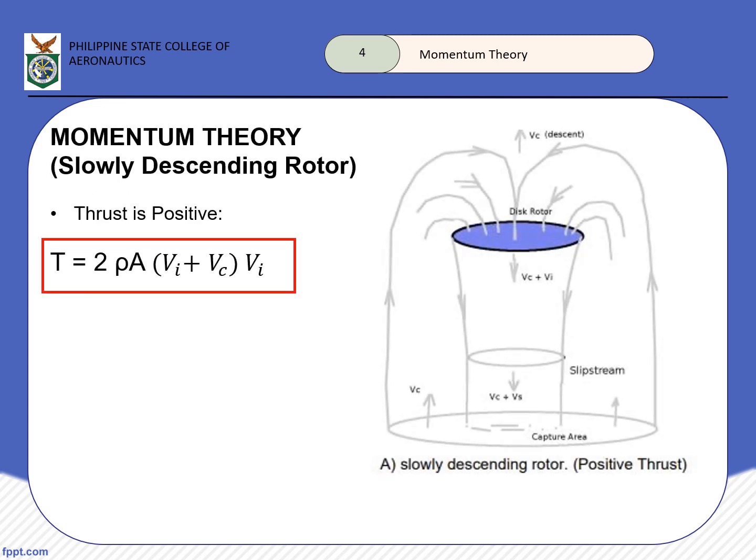So we have here the slowly descending rotor. Thrust is positive. As you may notice, it is the same as climb, since thrust is again positive. And as in our statement earlier, the capture area is below, as you may see.